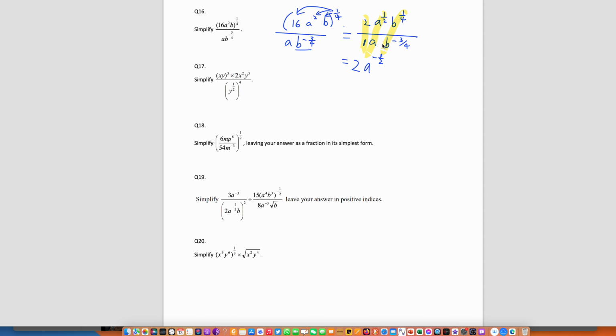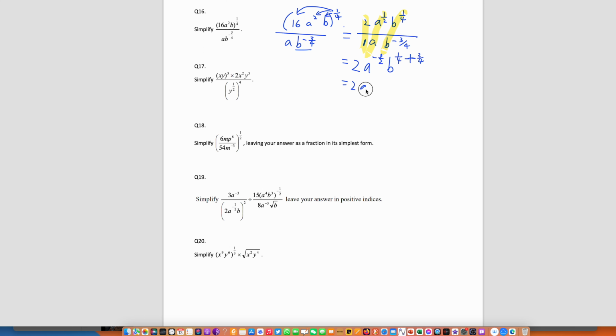Why? Because half minus 1, right? Divide means same base, means power minus. Then this one, 1/4 minus minus becomes B 1/4 minus minus. So minus minus becomes plus. So 2A 1/2 and B 1.